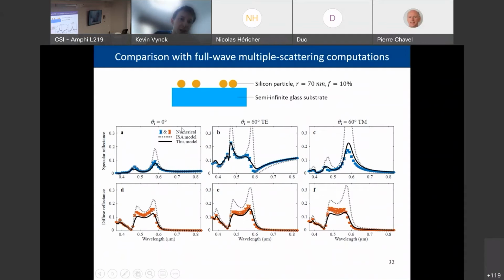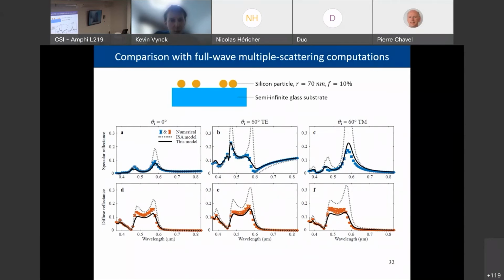You have the numerical simulations, these are the dots. You have a dashed line that is a model of independent scattering, where we neglect the interaction between particles. And we have the black line, which is the model that incorporates multiple scattering processes in the system.